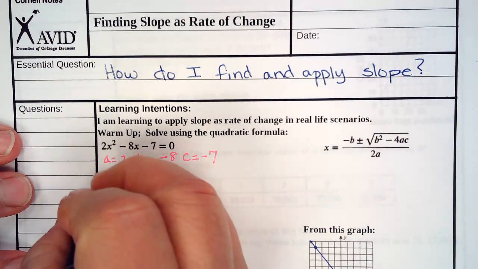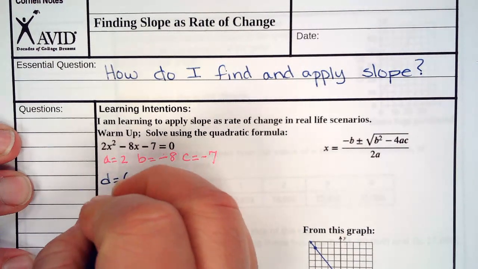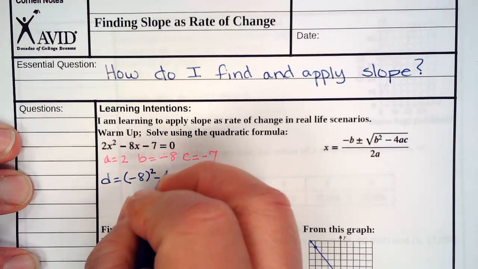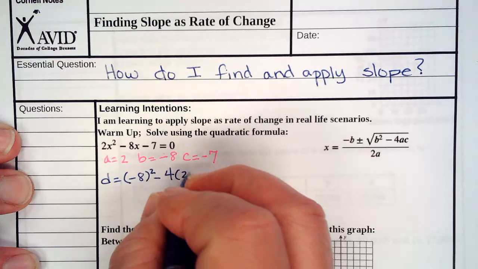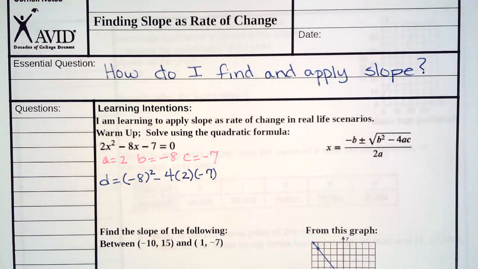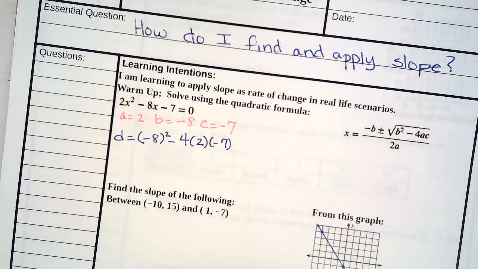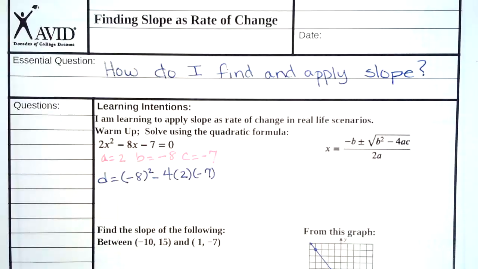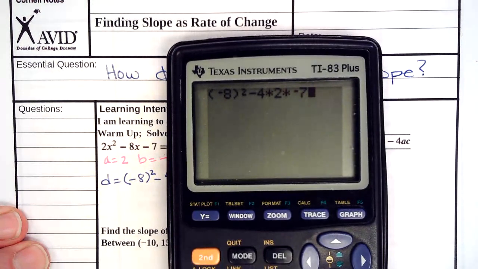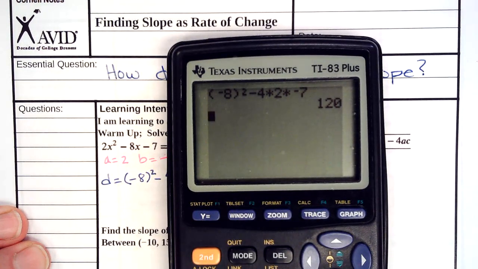So my discriminant is b squared, -8 squared, minus 4 times 2 times -7. 4 times AC. So, putting it all into our calculator, we find that the answer is 120.